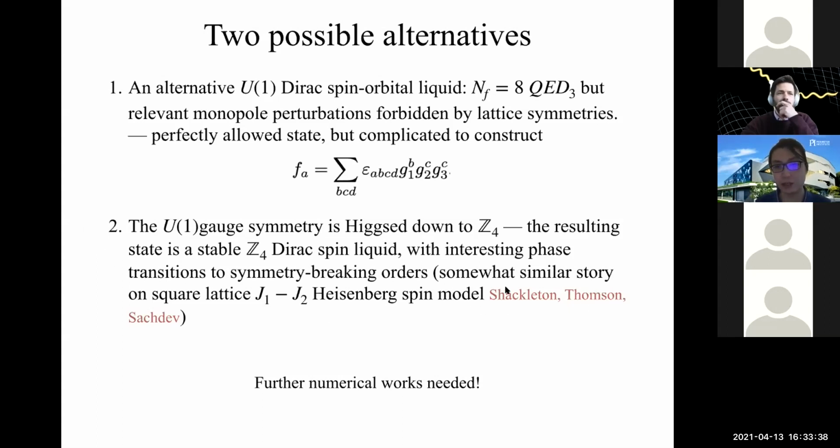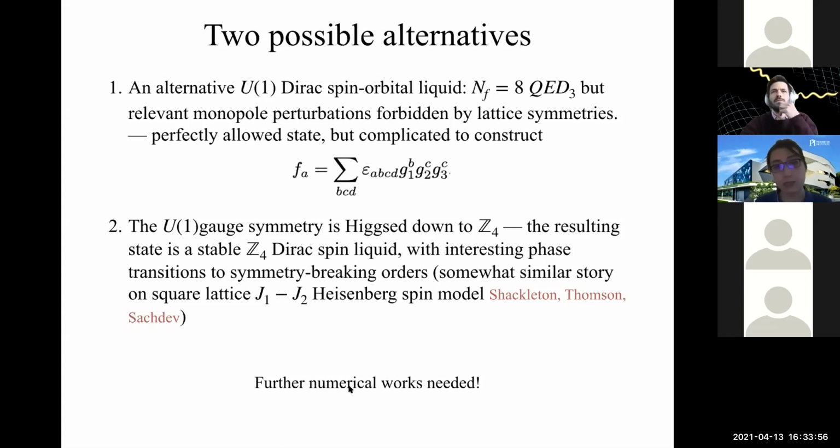I think on the square lattice in this work, for example, the phase transition is a non-relativistic critical field theory, while in our case, it's a pretty simple relativistic conformal field theory.